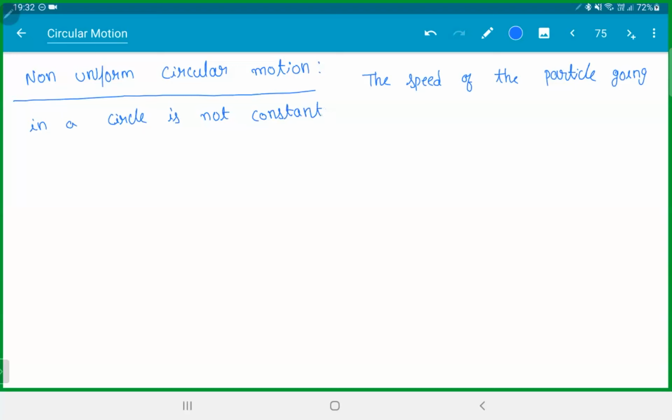Therefore, the particle will have two accelerations. The particle has centripetal acceleration, which is responsible for making it go in a circle.